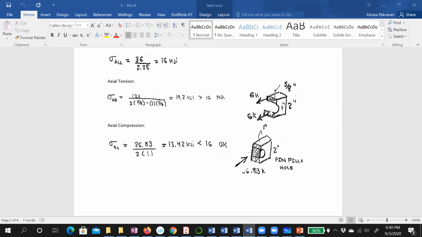Because of that reason, they propose using the net section of the element for tension, but for compression, assume the whole section, including the area of the hole, right? You don't take out the area of the hole in compression because it has no effect on the bolt, but in tension it affects the pressure on the bolt, so you have to subtract that area.